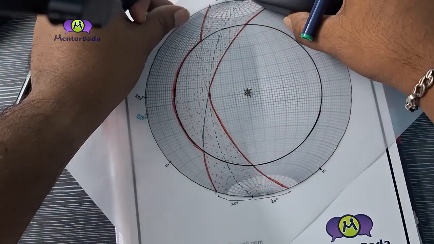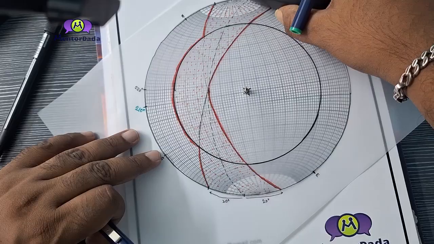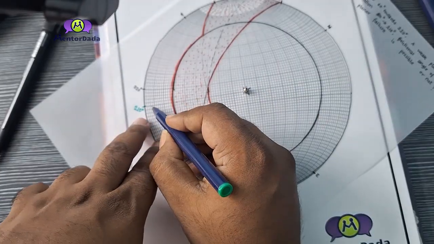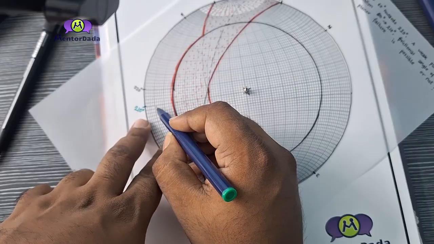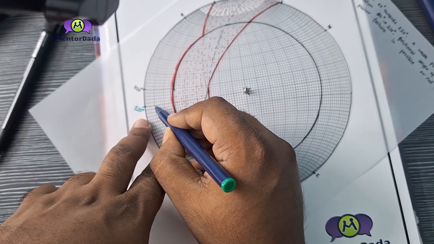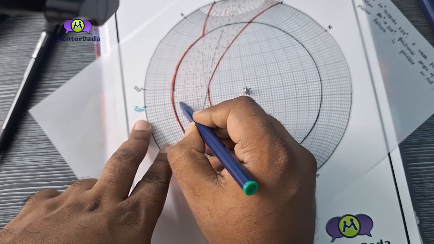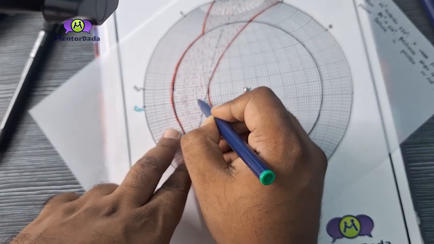Now we will measure the angle of 50 degree towards 210, so 10, 20, 30, 40, 50.